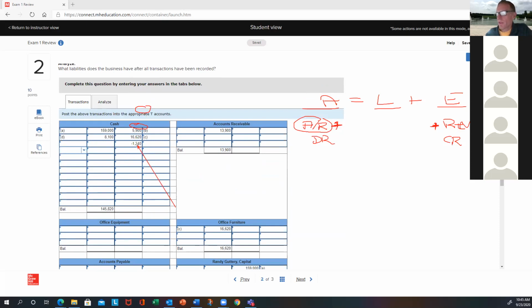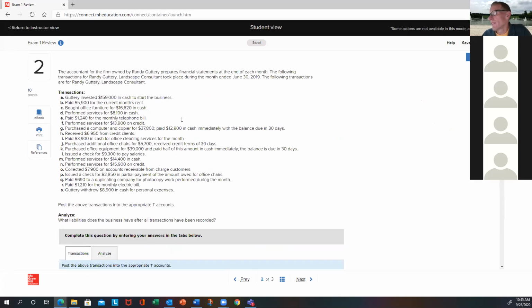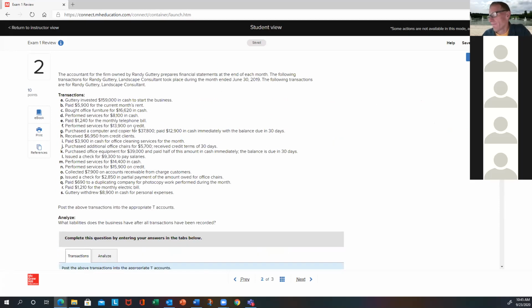Your thinking is correct because you're thinking negative, that it's reducing cash. I will make sure you don't lose points if you do something like that. It's just that initially your balance will be wrong, because there's a formula and you're already calculating the balance for each of these accounts. So for everything, just put in a positive 1240. Now, that is transaction F, right?